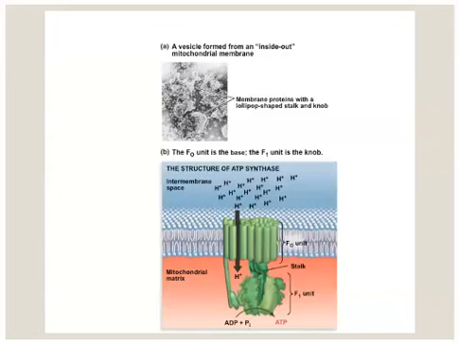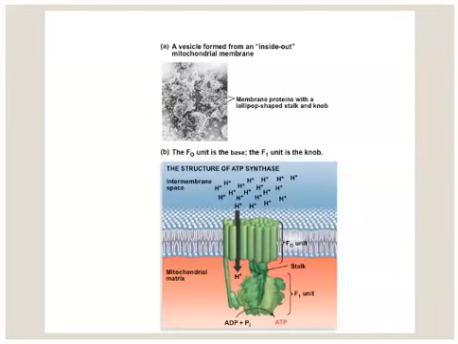On this slide, you can see a drawing of ATP synthase down at the bottom. And up above that, you're looking at an electron micrograph that actually shows what ATP synthase looks like.